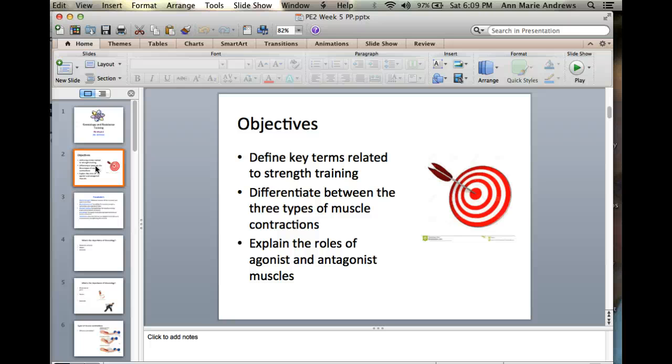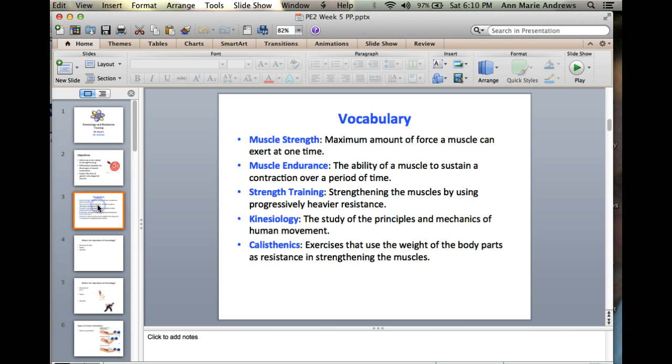So you should get enough information from this that you might need to skim over the unit, but I don't even know if you'll need to do that. Okay, so vocabulary for this unit: muscle strength, which we've talked about. Remember, this is one of the 5 components of fitness, and muscle strength is the maximum amount of force a muscle can exert at one time.